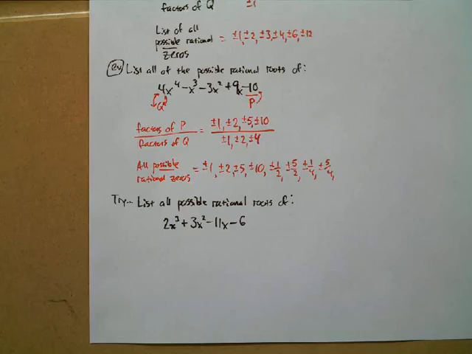Identify the P, identify the number that's Q, and then list the factors of P over the factors of Q.